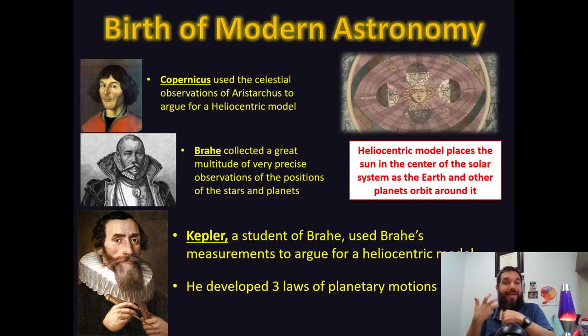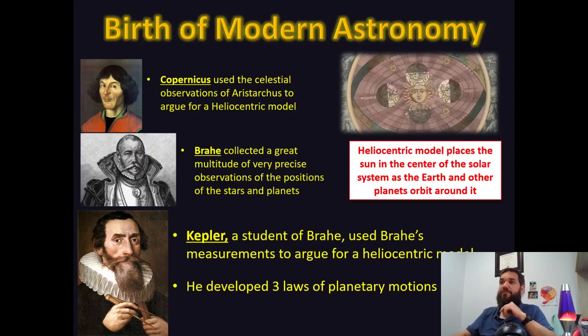So using ancient Greek data and observations, he argued for a heliocentric model of the universe and showed that a heliocentric model actually makes more sense. Now his work, of course, was very influential, and we see now the heliocentric models start to gain ground.